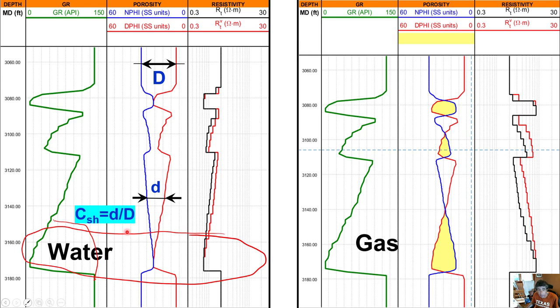But I have to remind you, this procedure only works when all the shale-laminated sandstones in question are saturated with water. It doesn't work if they were saturated with hydrocarbon.